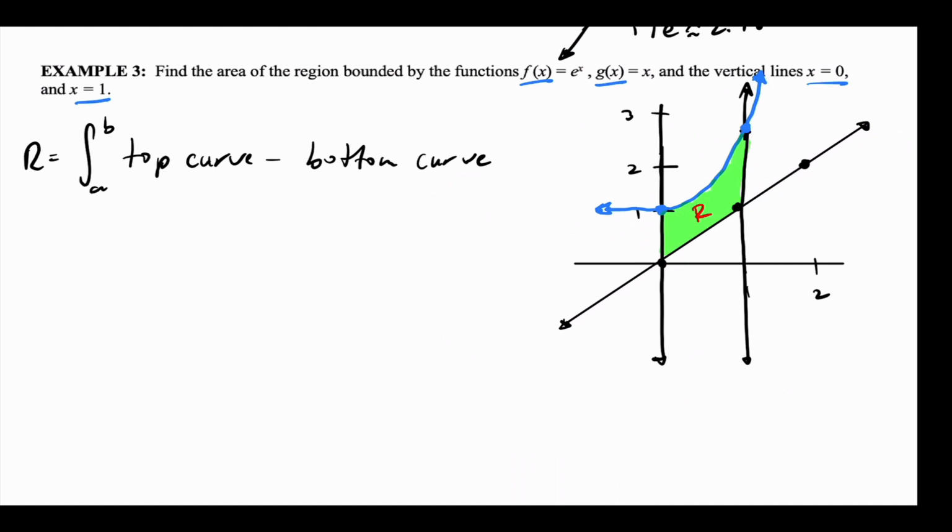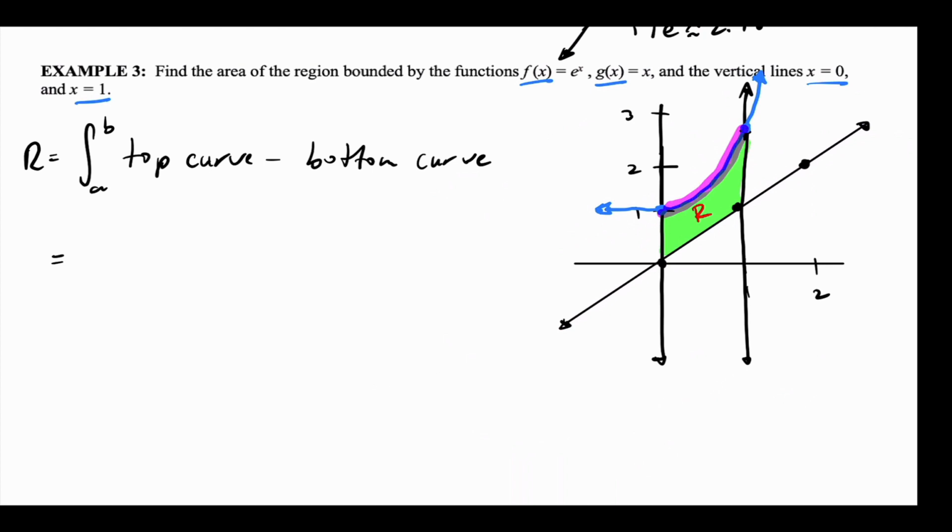A to B. So which one is going to be top curve for the green? F or G? F. E to the x is on top of the green stuff. It's keeping the green stuff in. Without e to the x, the green stuff would just go up to the sky.